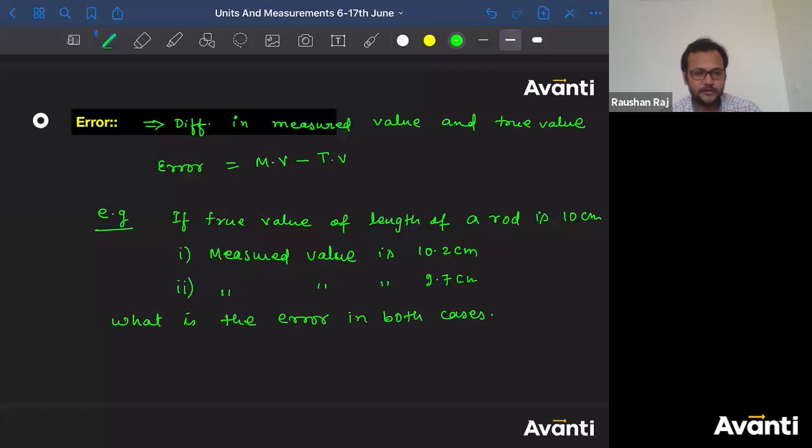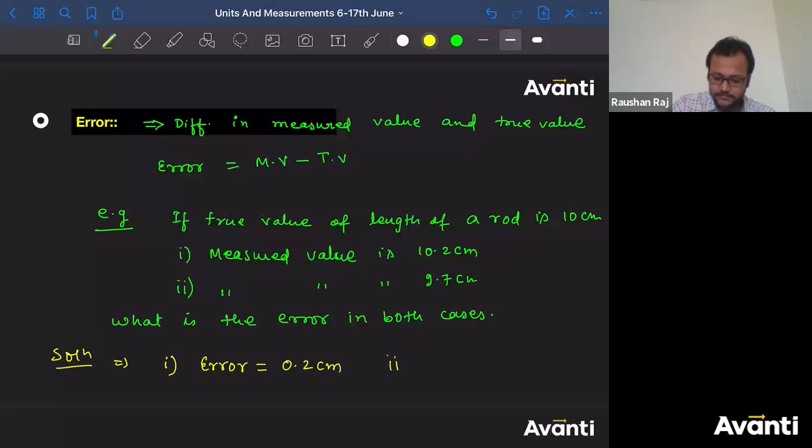Swati, please check your internet, or first of all, activate your device audio. Yes, first time it is plus 0.2, right? Second time it is minus 0.3. All right. So in the first time we can say error is equal to 0.2 centimeter. In the second time, the error is minus 0.3 centimeter. Can I say error can be negative also?